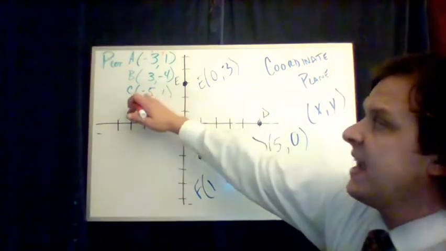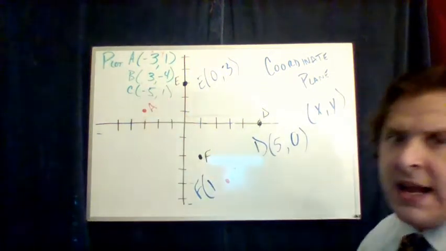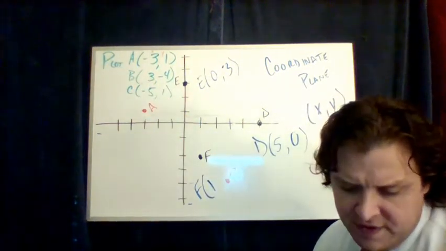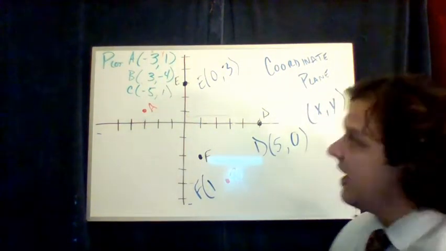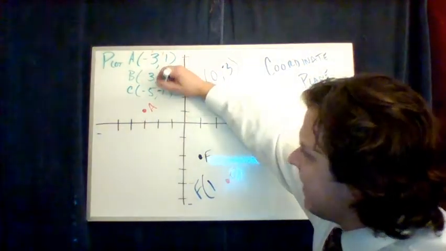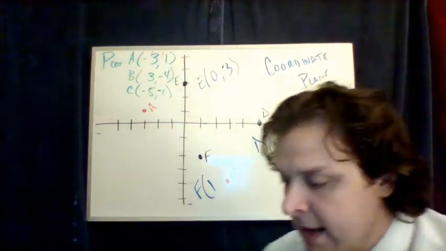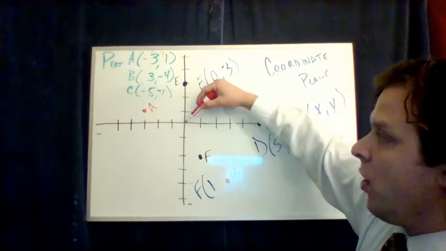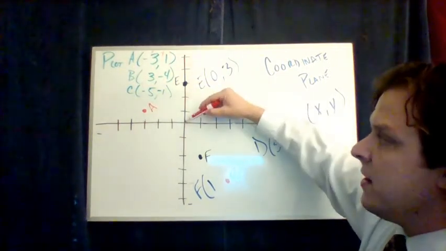Okay, so C is -5, +1. Actually, I want to change it. Sorry, I want to make this -5, -1. Let's do 2 negatives there, all right? So -5, we're going to go from the origin. Remember, we always start at the origin.